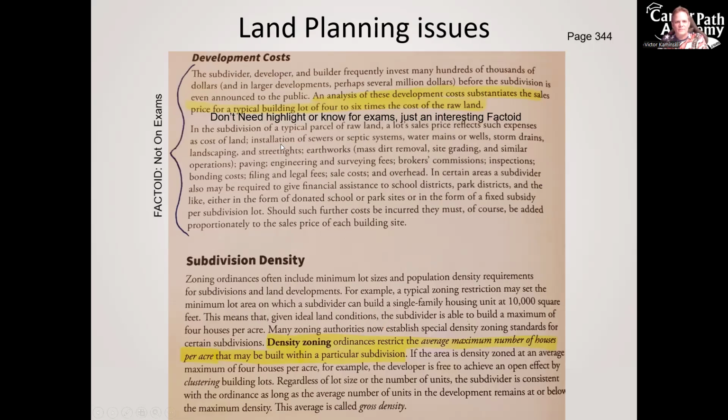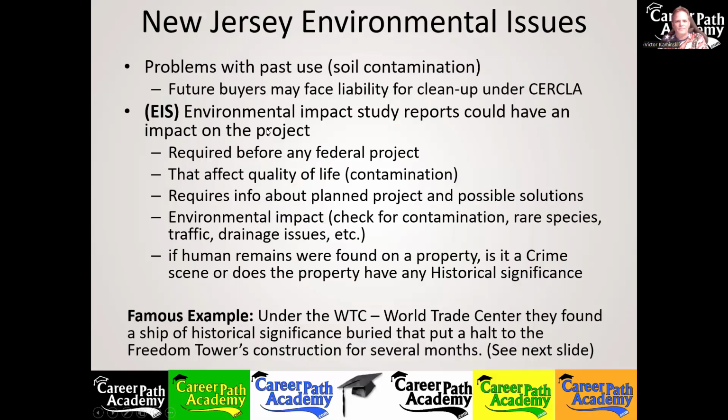Okay, so you guys got these highlights down? Yes. These on and on. I know. Here, New Jersey environmental issues, problems with past use of properties, such as soil contamination. Future buyers may face liability for cleanup under CERCLA, which we learned about in an earlier chapter, if you recall. EIS, these are environmental impact study reports, could have an impact on the project.